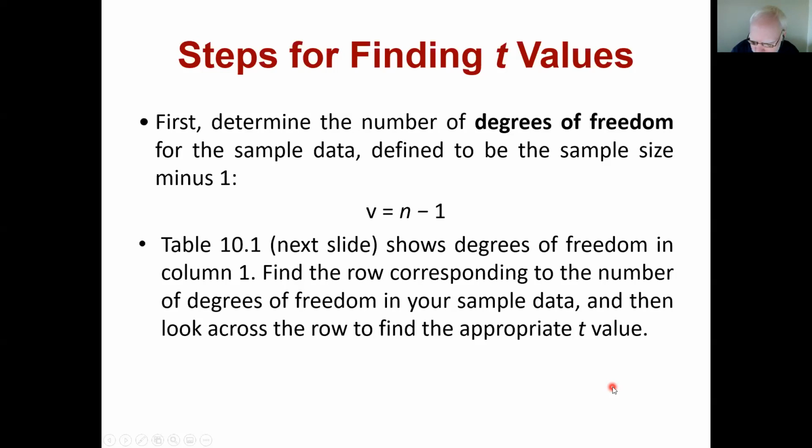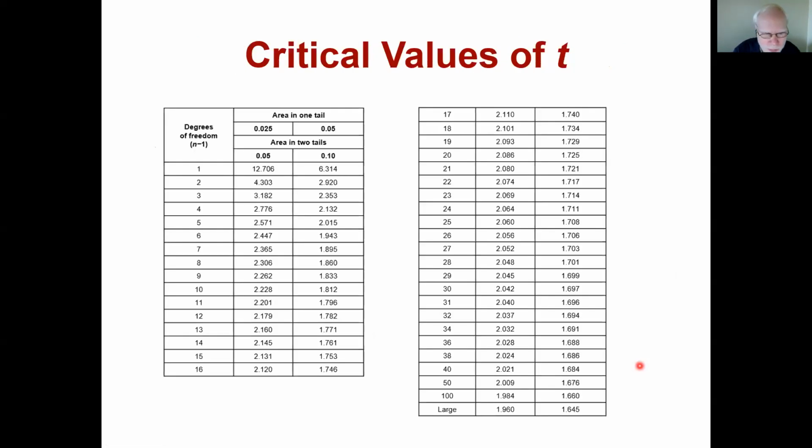Now, it's a little bit complicated at first because there are multiple columns, but I can talk you through it. We're pretty much always going to go with the 0.05 level. So here are your degrees of freedom. Say you've got a degree of freedom of, let's go with 16, because it's still on this side.